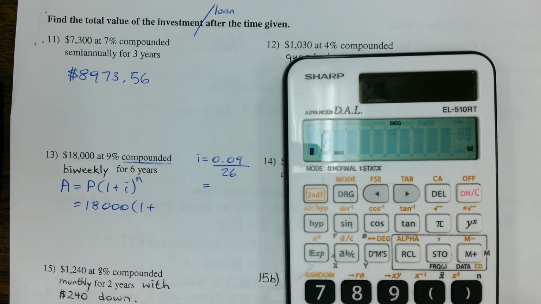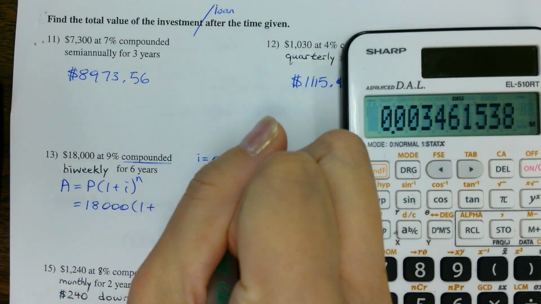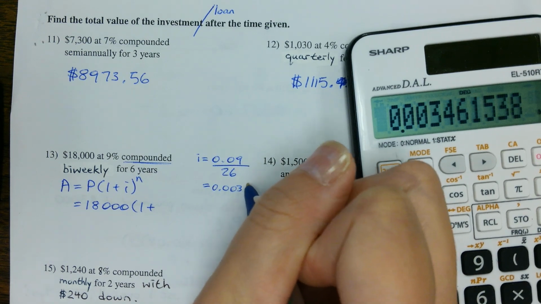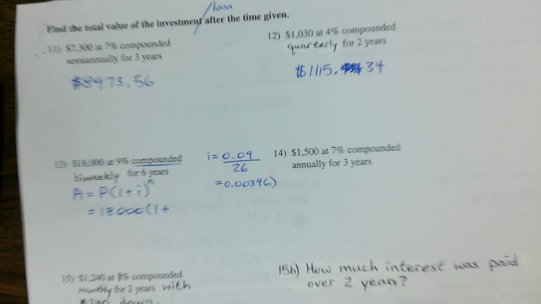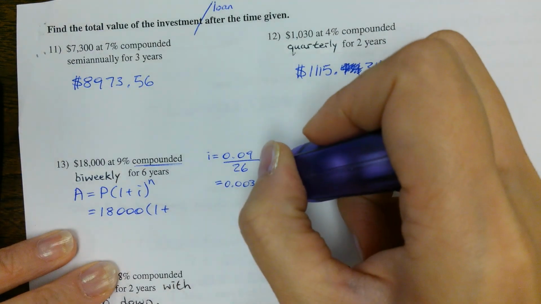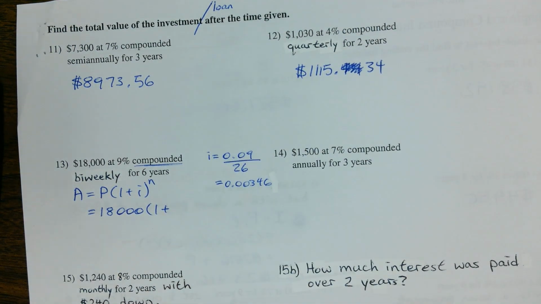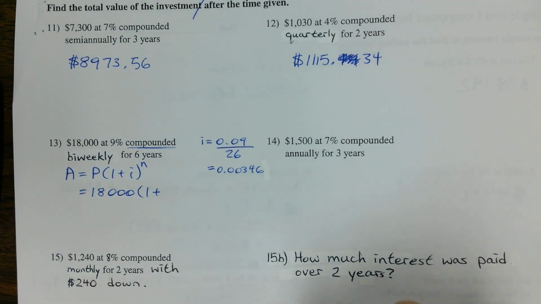So 0.09 divided by 26, that's the part I got wrong, you get 0.00346. Again, take a few decimal places. It doesn't repeat, though. Still try to take at least 4 decimal places. Oh, Michaela, welcome back.